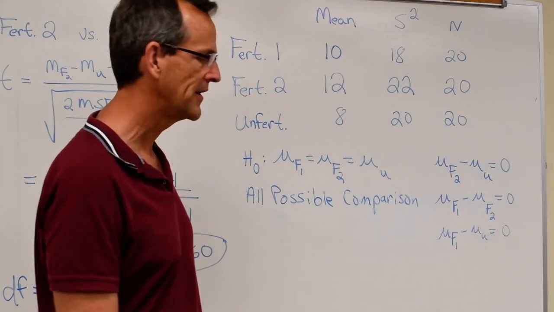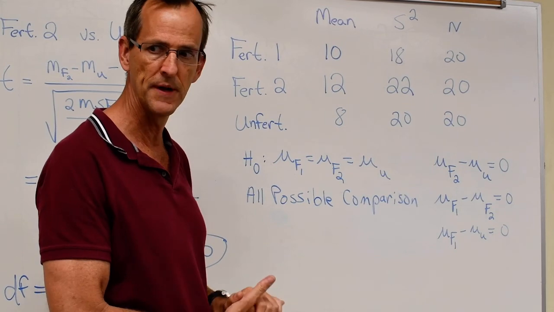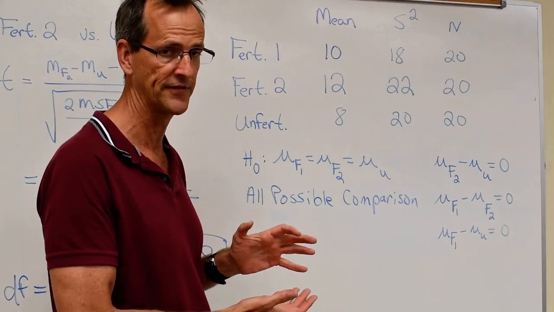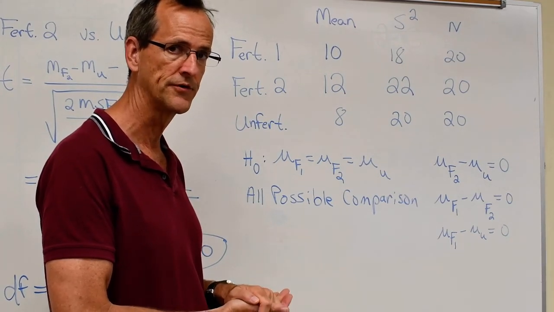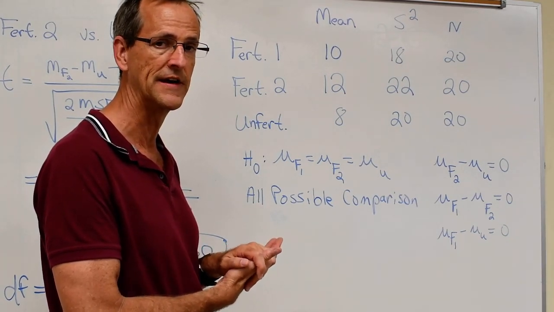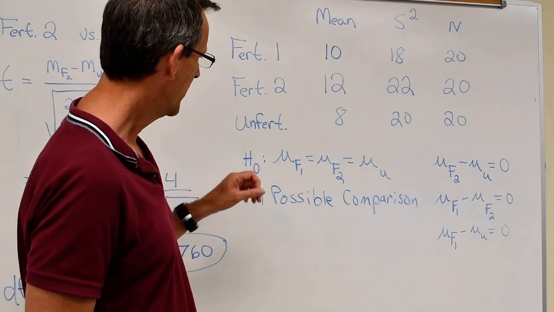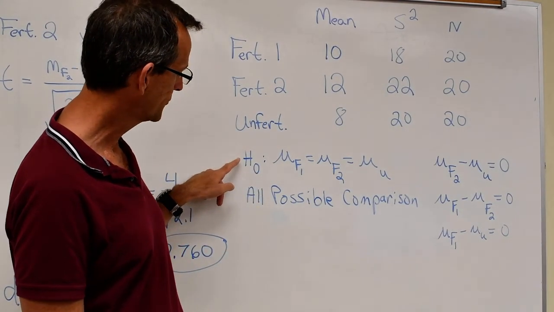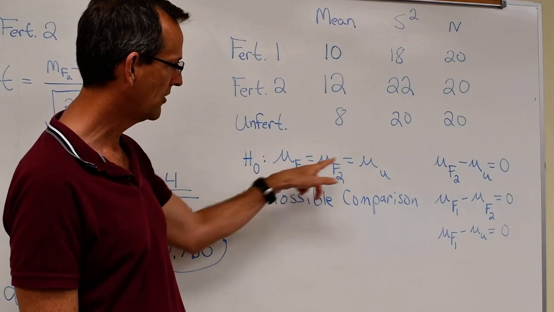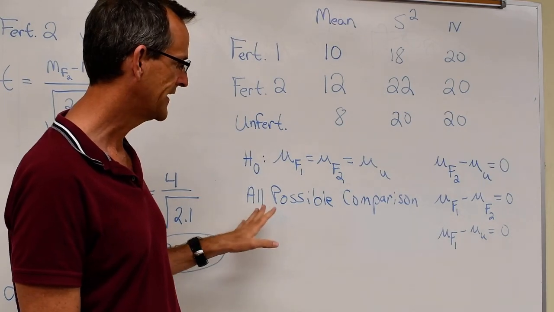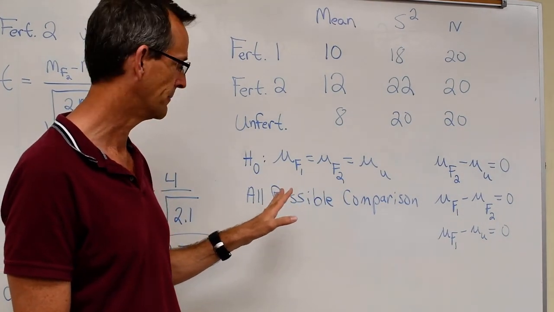As I explained in the previous video, usually people will approach this type of problem using a Tukey's test. But it is possible to analyze the data using a t-test. Again, the null hypothesis we're working with is that all the population means are the same, and we're making all possible comparisons among them.